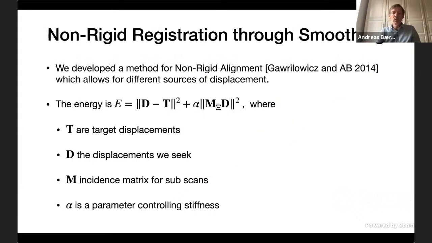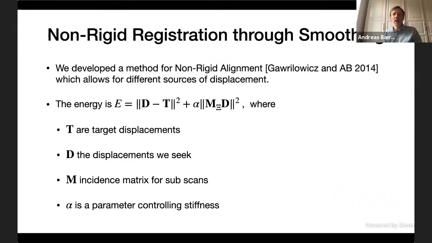So that's the principle. It's formulated a little differently in the paper from 2014. Basically, here's an energy where the first term is the difference between the target displacements and the displacements that we seek.